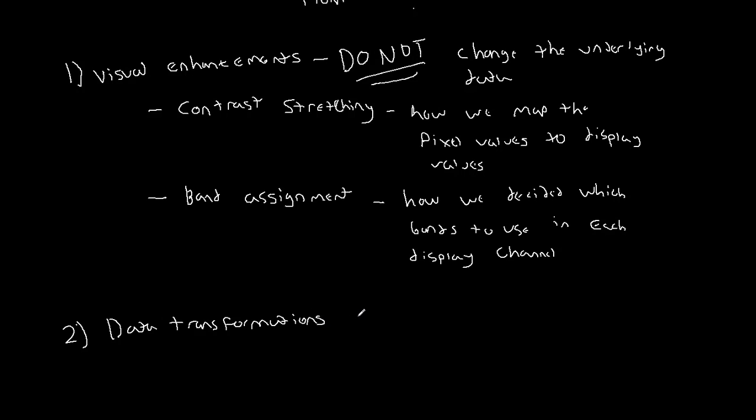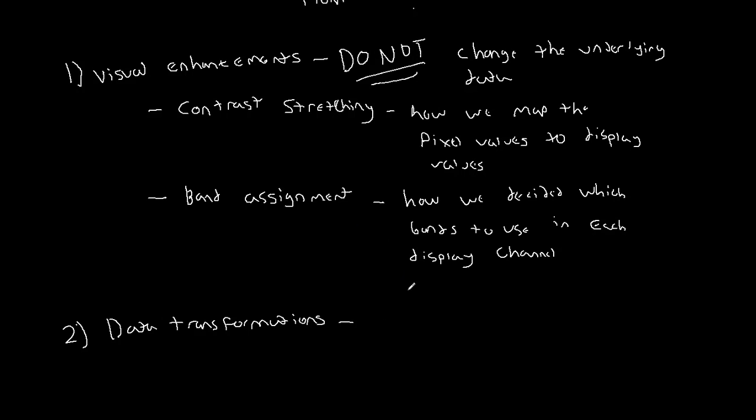And there are a lot of data transformations. There are hundreds of different potential data transformations. We're only going to talk about one specific example because data transformations tend to use a lot more math, and they're sometimes a little more tricky to interpret. So we're going to leave most of the data transformations for other courses, but we're just going to briefly talk about the most common example.